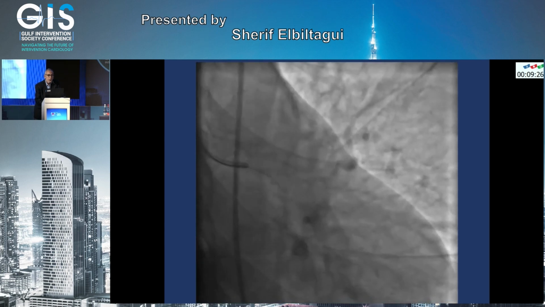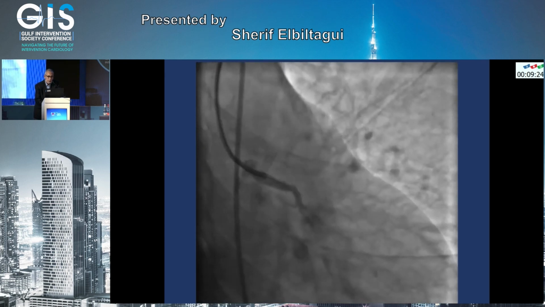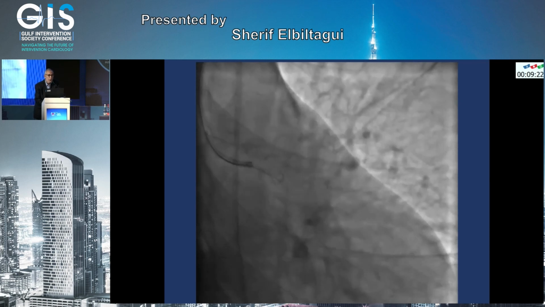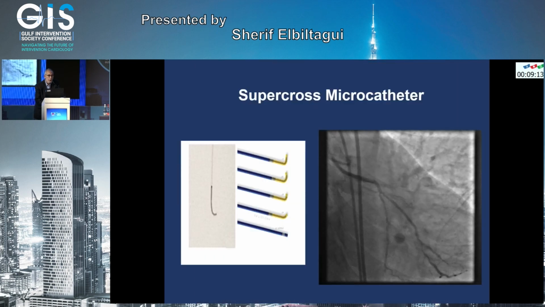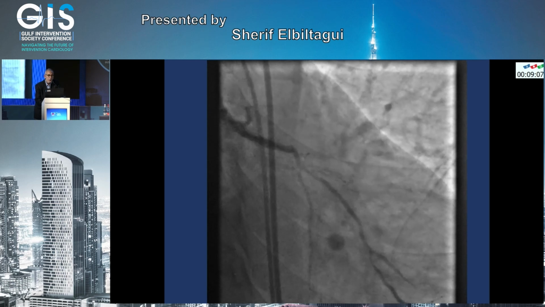So I started with the Fielder, but of course, I had a tough time to engage it into the proximal cap. As you see, it's always prolapsing in the CX. So I got the help of one of the SuperCross microcatheters, and it actually helped a lot.